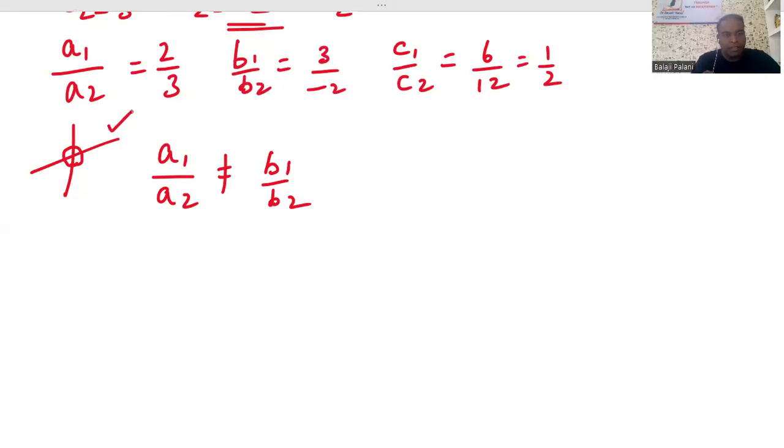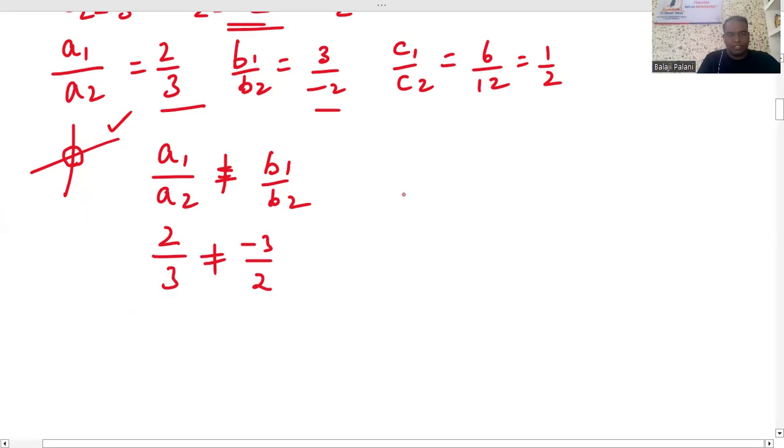So with the not-equal ratios we can identify these two lines will meet somewhere. In my example, 2 by 3 and the other coefficient ratio, 3 by -2, are not the same. They're not equal. Hence, these two lines intersect each other. That's it. Simple. This is the first level, entry level of understanding.